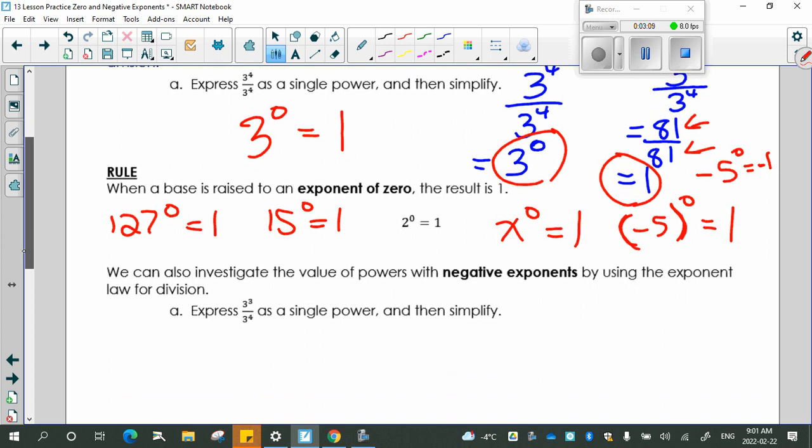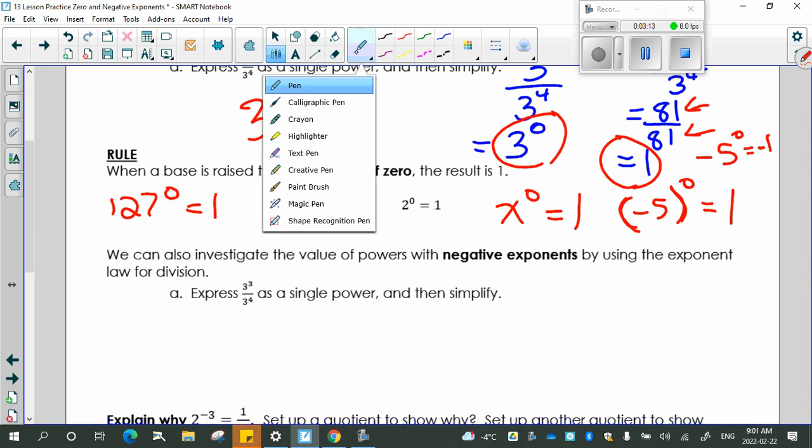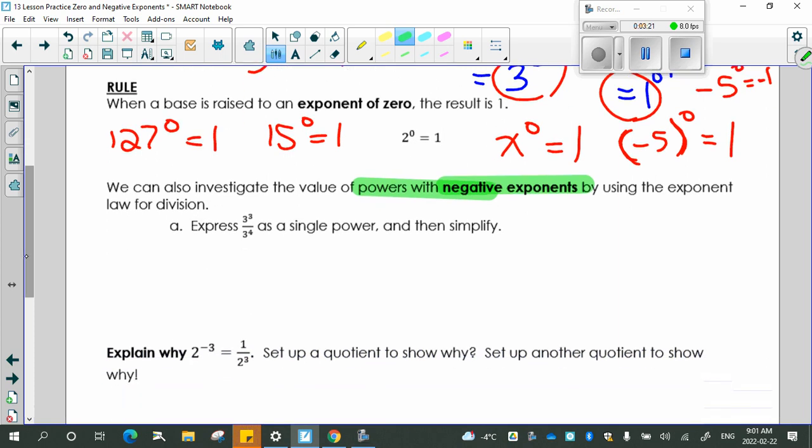Okay, so moving on then, we can also investigate the value of powers with negative exponents, using the exponent law for division again. So if I have 3 to the 3rd divided by 3 to the 4th, the rule from last week for dividing powers with the same base is to keep the base 3 and subtract the exponents.